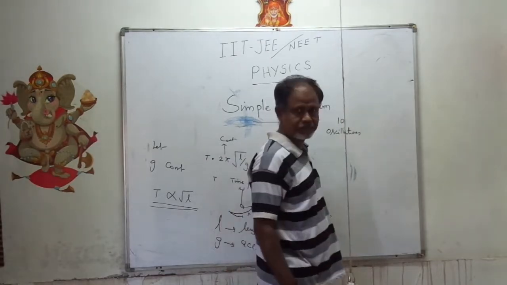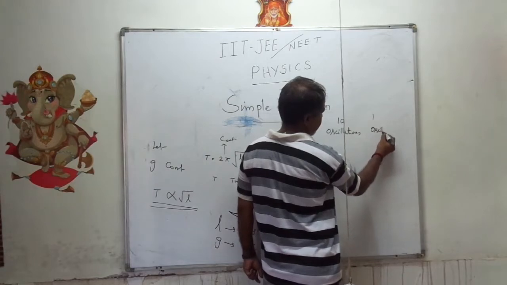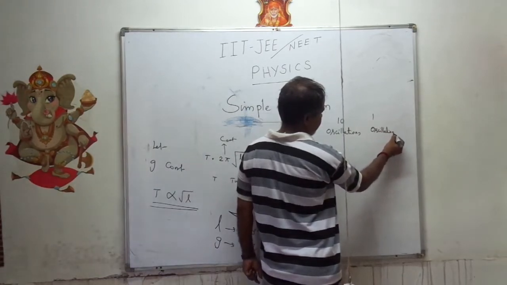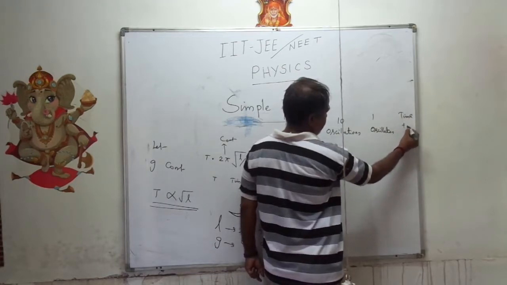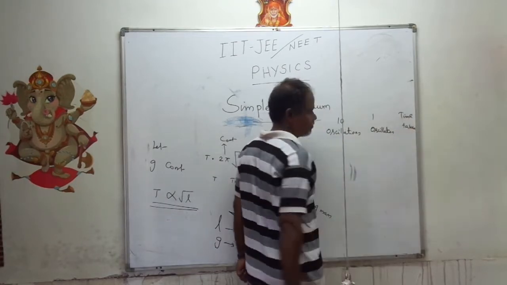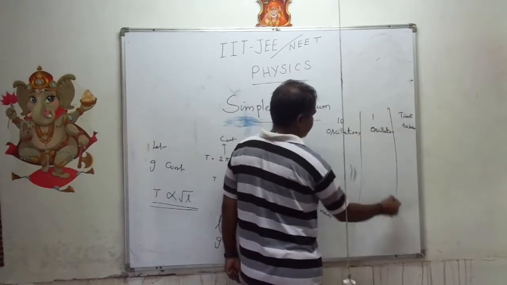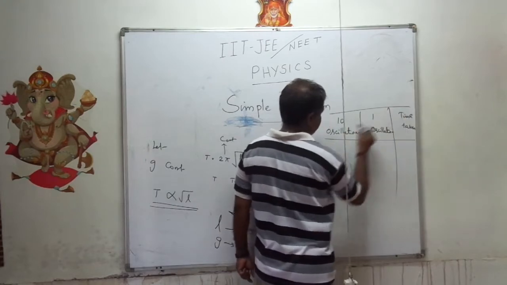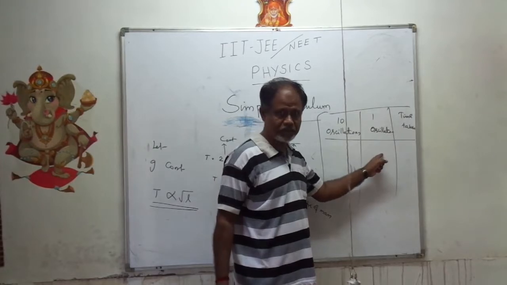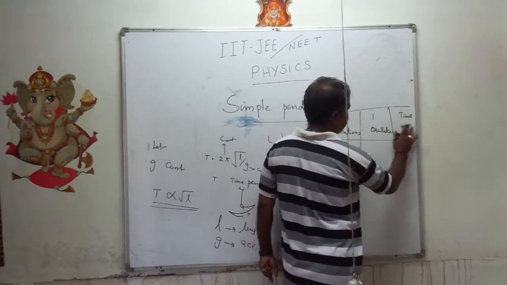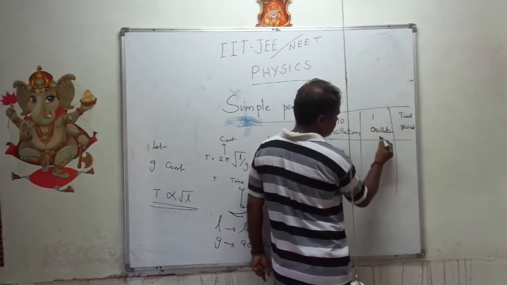First, the time taken for 10 oscillations. Then the time taken for one oscillation, which is nothing but the time period.